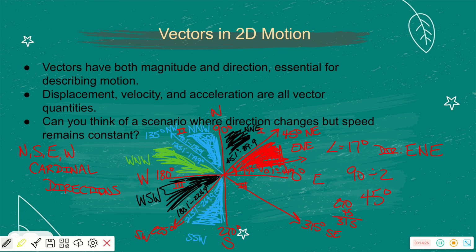So now, from 270.1 to 314.9, what is all of this going to measure at directionally? South-southeast. Yes, good.